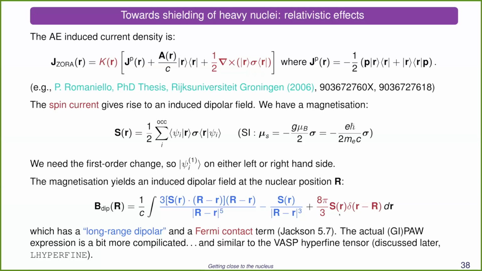And this Fermi contact contribution is a complicated guy, because here you see a delta function, but it is not really a delta function. It is a smeared out delta function that takes into account the shape of the S-type orbitals near the nucleus. But it's also too much detail now. I'll just go to the next slide.